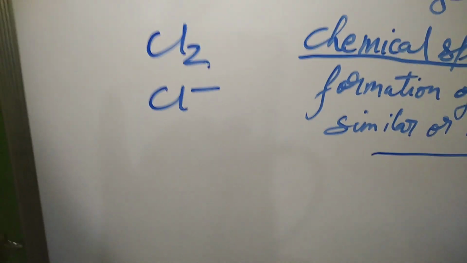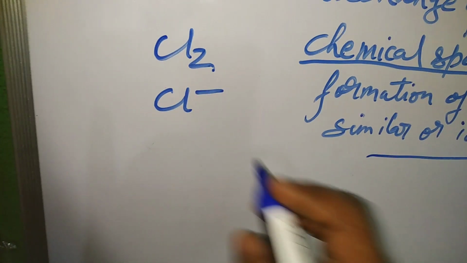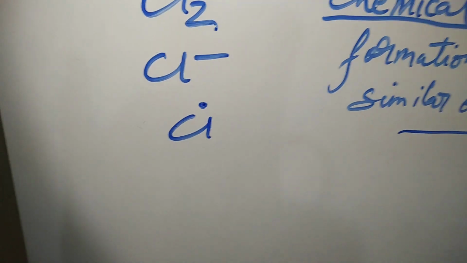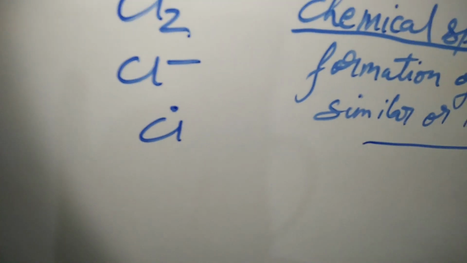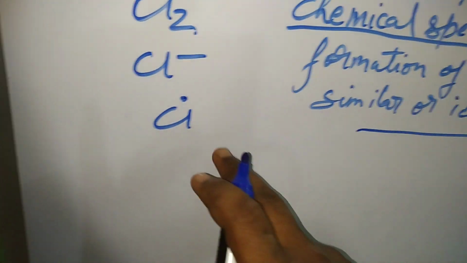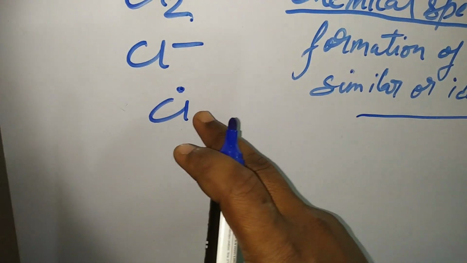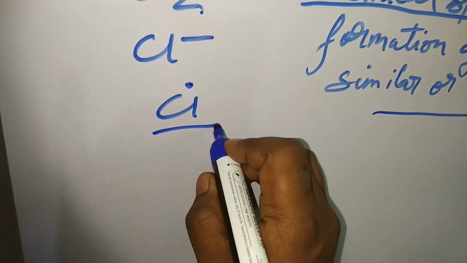In organic chemistry we learn about the free radical reaction. At that time we will not write Cl minus during the free radical reaction. We will represent it like this: Cl and one dot at the head of the Cl. Okay, this represents the free radical.